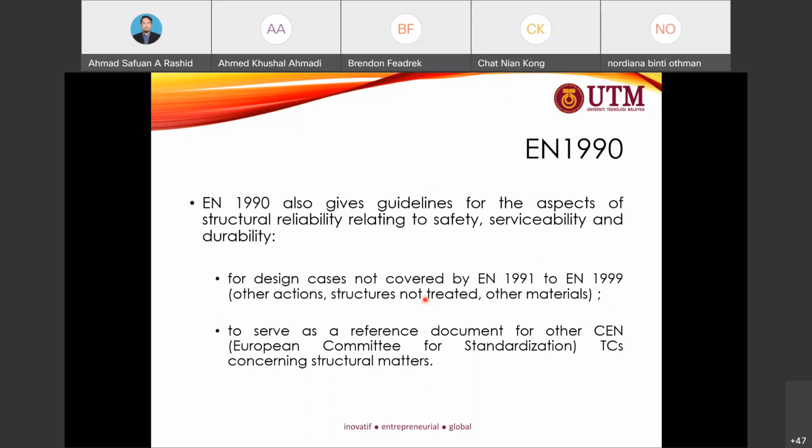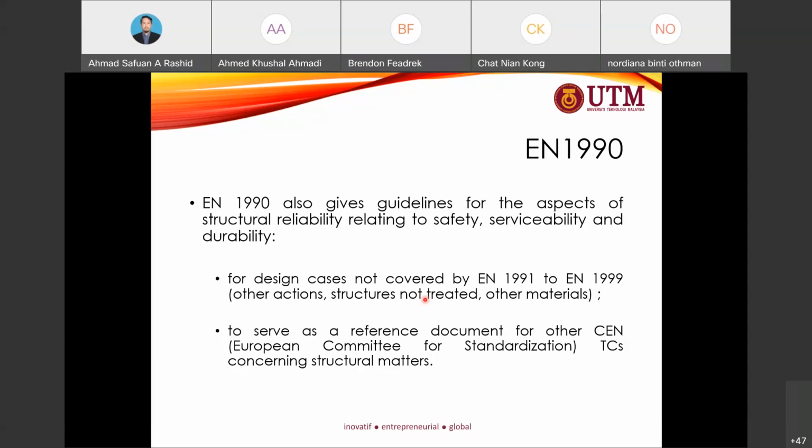So 1990 is a general guideline to be referred to, and to serve as a reference document for other standards, by CEN, the European Committee for Standardization, TCs concerning structural matters.